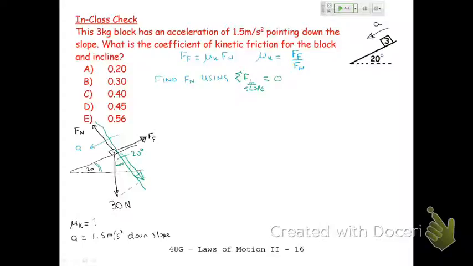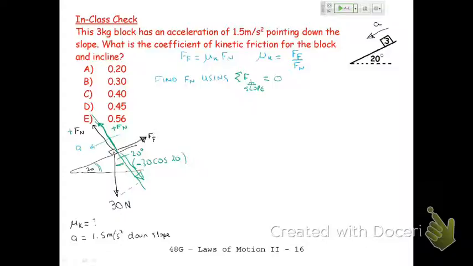So this is going to be 30 cosine 20, and I've got to decide on my signs. I'm going to call that a negative direction, which means that's a positive Fn. This vector up here is a positive Fn. There's no component on that because it's in the same line as the green axis.